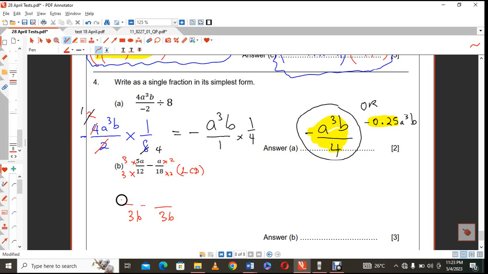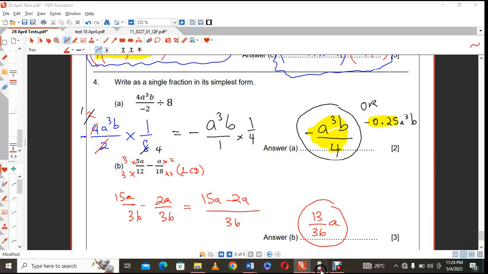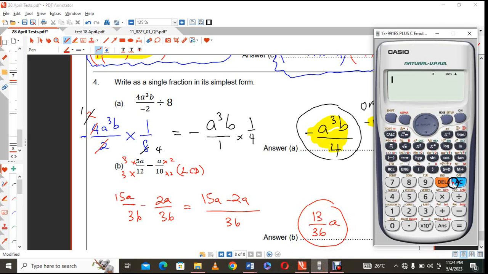So when you multiply on top, I'm going to have 15a now, and here I'm going to have 2a. Okay, so I'm only going to subtract the numerators. Just worth mentioning, you're going to have 15 minus 2, which is 13 over 36, and then the a can be there or it can be on top with the 13.